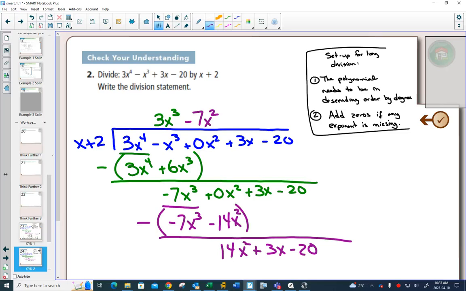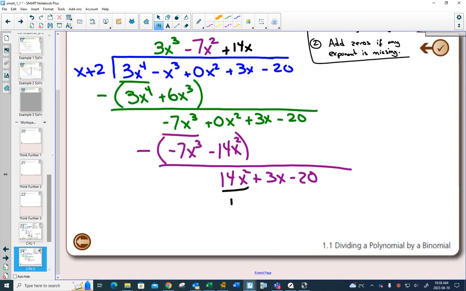Squared there. Did you catch that mistake? That's the x squared. So now, what would you have to multiply the 14x squared by? 14x. 14x times 2 would be plus 28x. Put it in brackets and subtract.